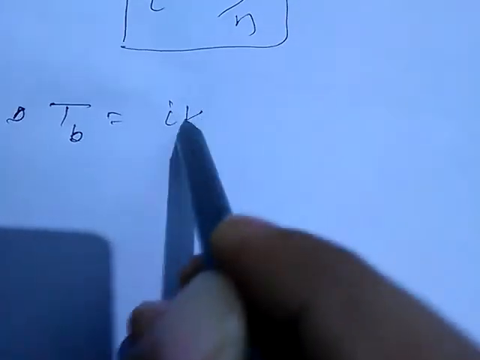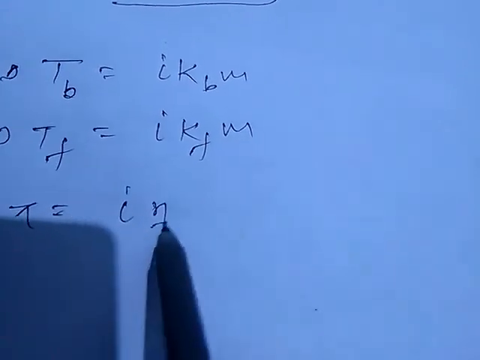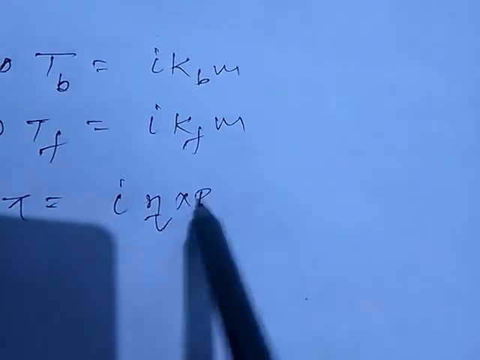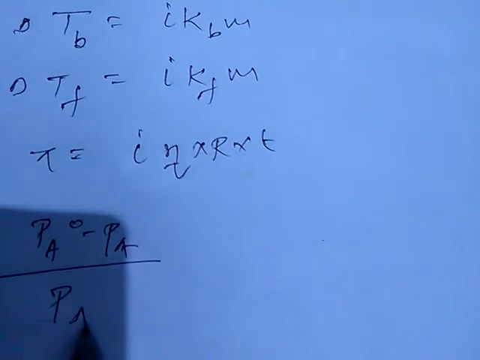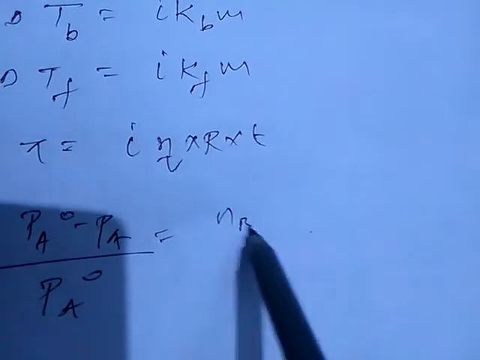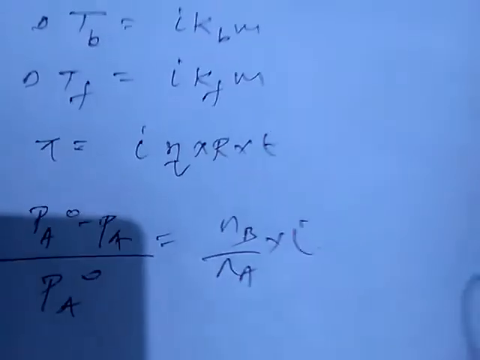All of the expressions would be multiplied with I. It means delta TB will be equal to I into KB into M. Delta TF will be equal to I into KF into M. Osmotic pressure will be equal to I into N by V into R into T, and relative lowering in vapor pressure, PA naught minus PA by PA naught, will be equal to NB by NA into I. It means I would be multiplied in all of the expressions.